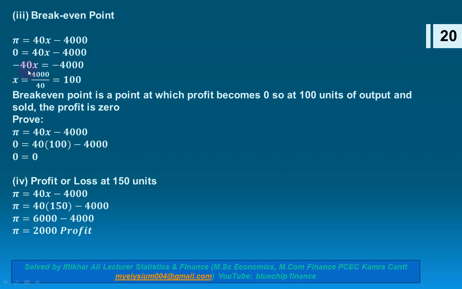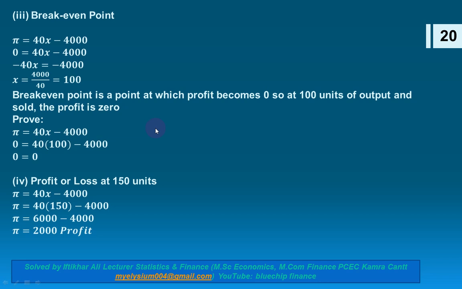Minus will be eliminated from both sides, and x will be equal to 4,000 divided by 40 equals 100 units. So at the production of 100 units, there is a break-even point; if you produce more than 100 units, you get profit, and if you produce less than 100 units, you will face loss.